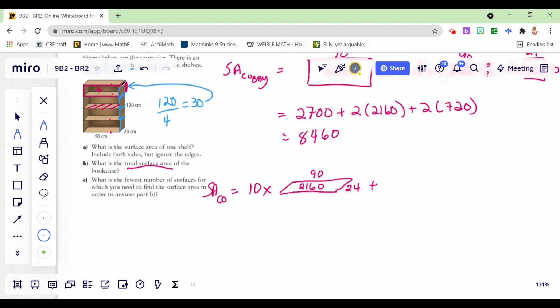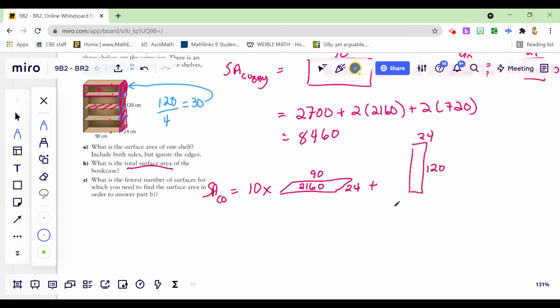Then on the side here is another rectangle, that guy. So this rectangle on the side, there is one on this side and there's one on this side. Okay, so I'm going to draw that. And it's 120 by 24.